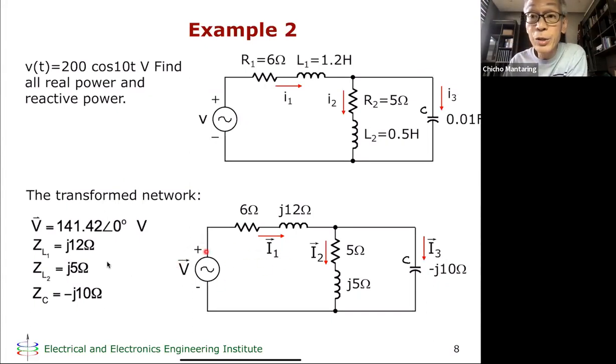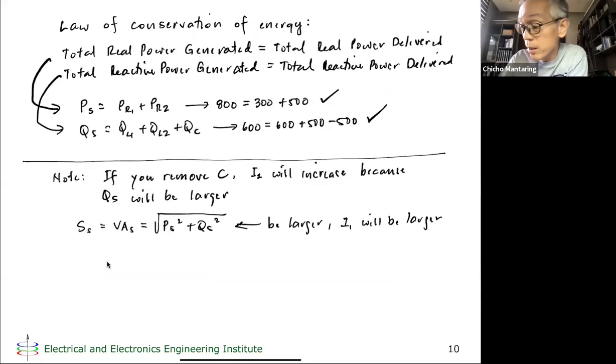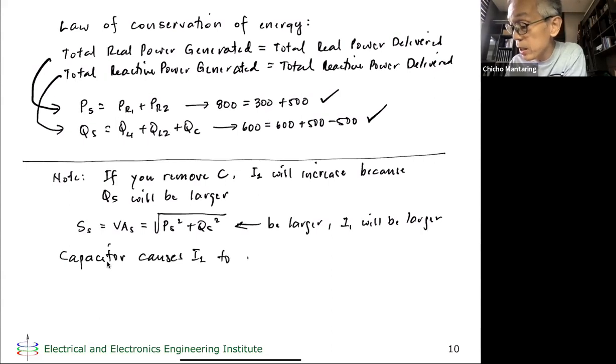So putting this capacitor here actually allowed us to reduce the current that is being supplied by the source. That sounds maybe strange at first, because we added an element here and the current became smaller. So the capacitor, in effect, causes I1 to decrease.